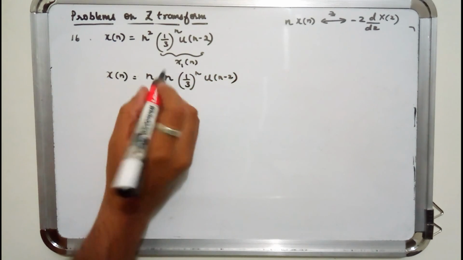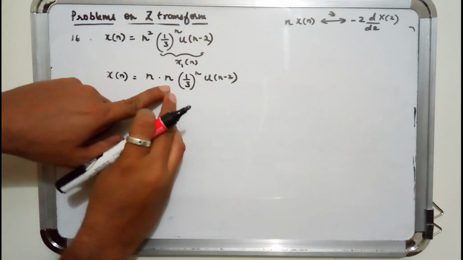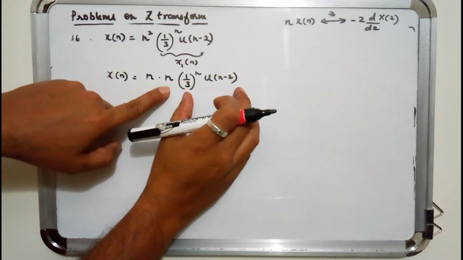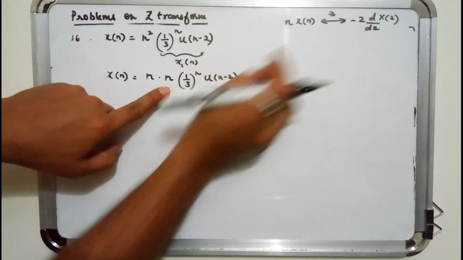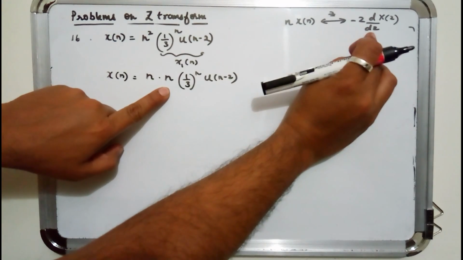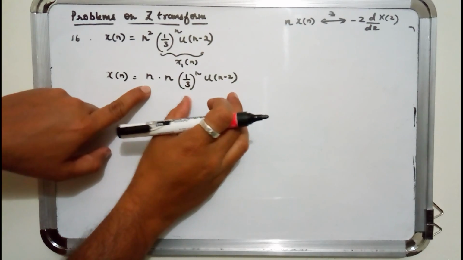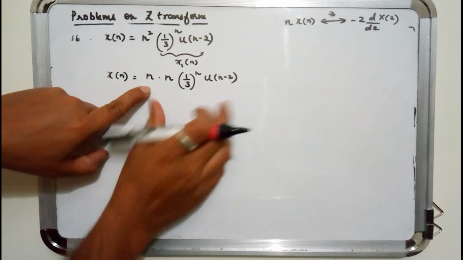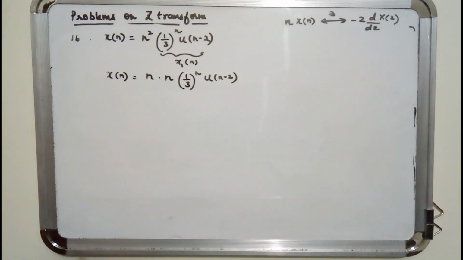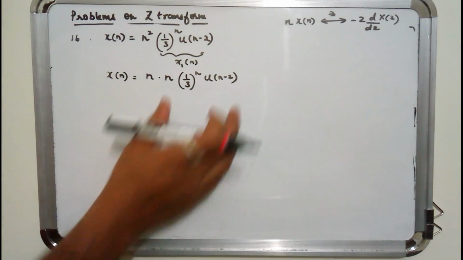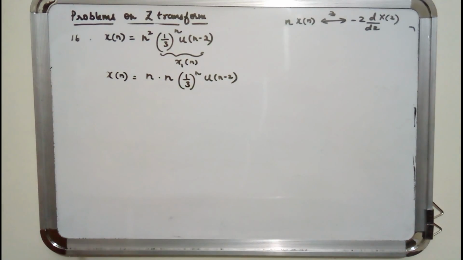That means first you use n into x1 of n, and the answer is minus z into d by dz of z transform of this. Then again you have n, so it is minus z into d by dz of the z transform of that, the one which we already got. So this can be done in many ways. So I'll do this using the property.